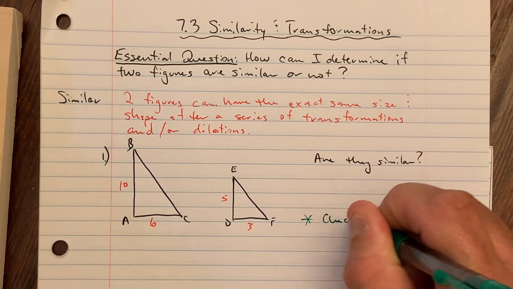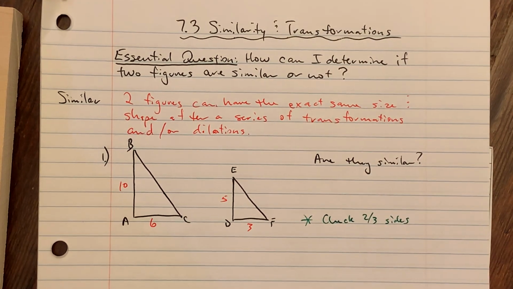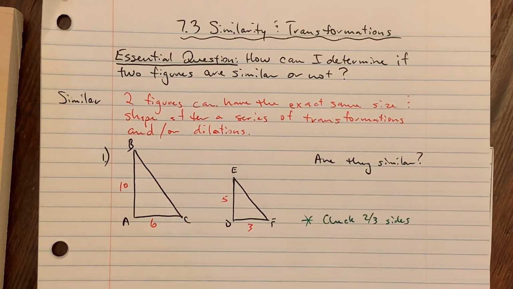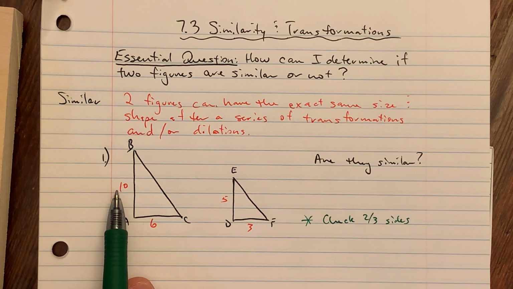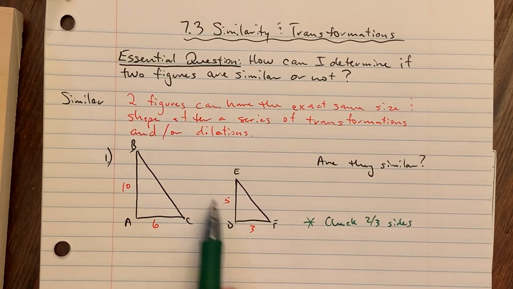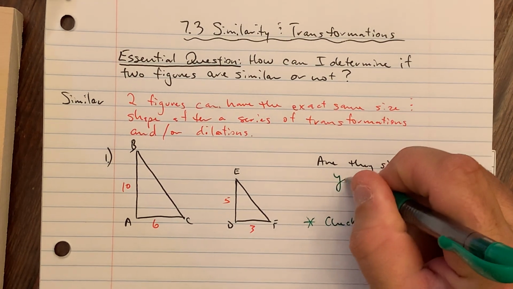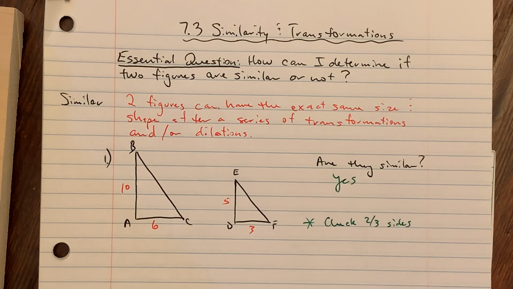I just need to check 2 out of the 3 sides. Since I am able to multiply this by 1/2, and this by 1/2, and they would be the exact same numbers, yes, they are similar. It works.